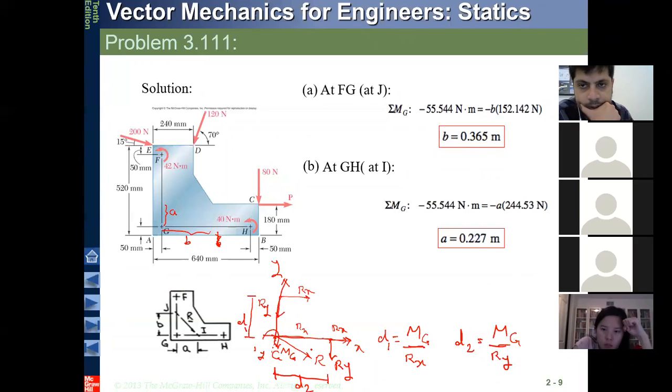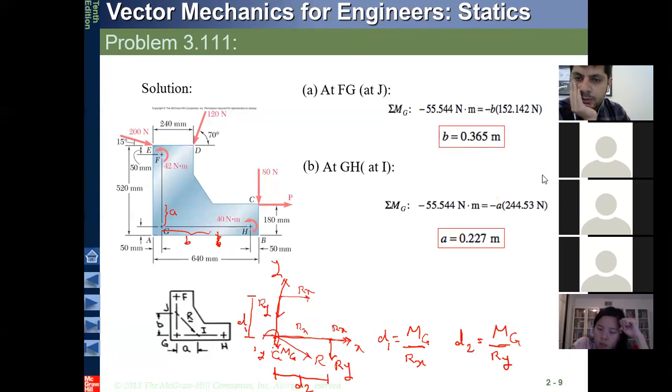So for line FG, you're going to have Rx, which would exert a clockwise moment around point G, right? This is a positive Rx force, and it is going to be clockwise. That is why there's a negative here, because it is clockwise.